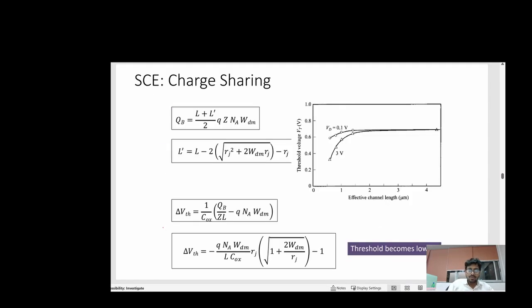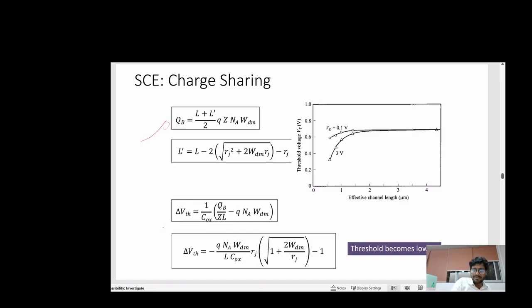So now the charge. These are the equations that you need to go through. I haven't been through these equations, but you can go through them.